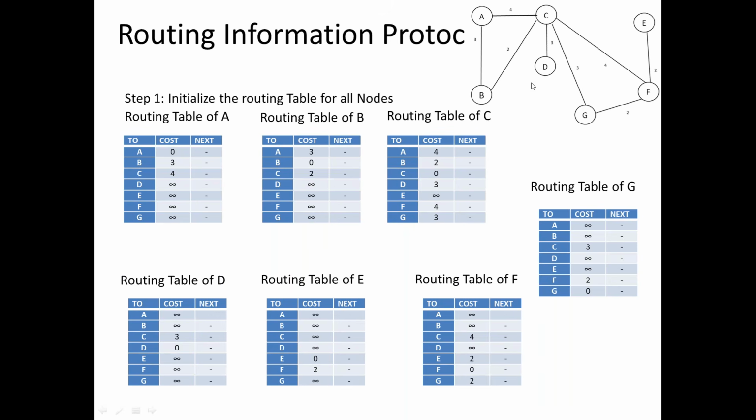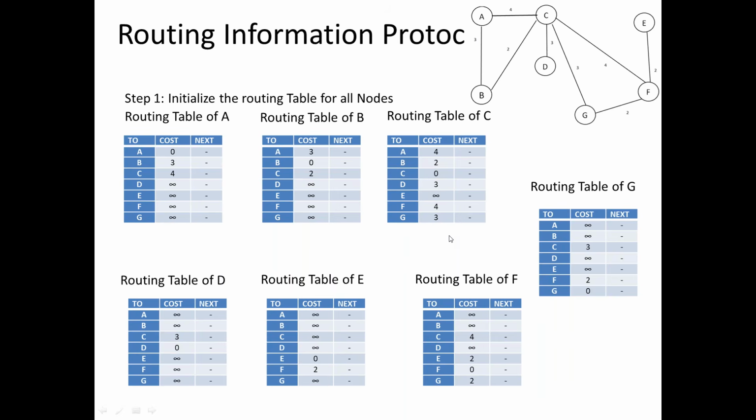Same as that of C. If you see here, C is connected with A, B, D, G, and F. All these values will be entered in the cost column, and the value of E in the cost column will be infinity. So this is the first step.